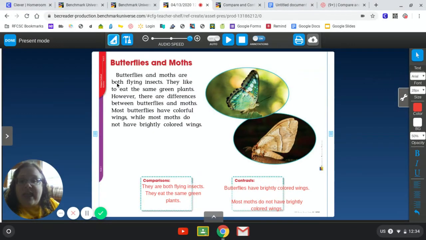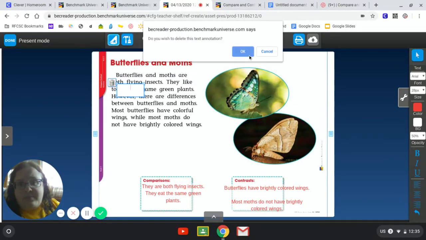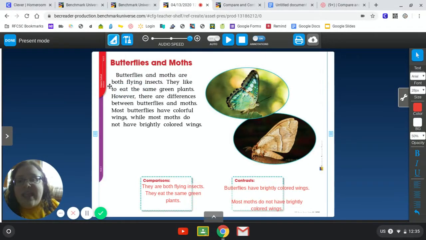But the both flying insects, that helped me understand that they're talking about both of them, the butterfly and the moth when they fly. I hope I didn't confuse you on that because I started to kind of go off. But when I'm saying both, we were just talking about the flying insects, the butterfly and the moth.